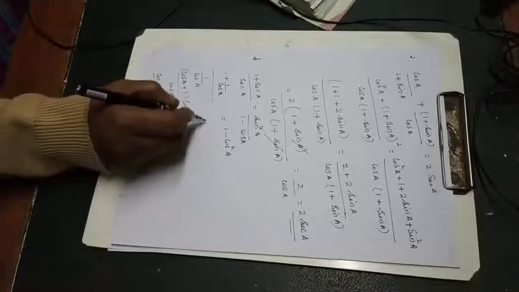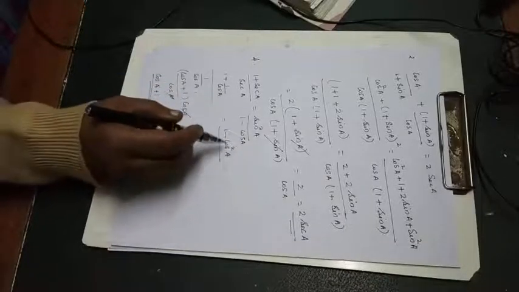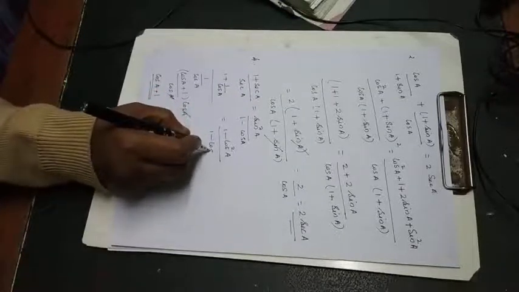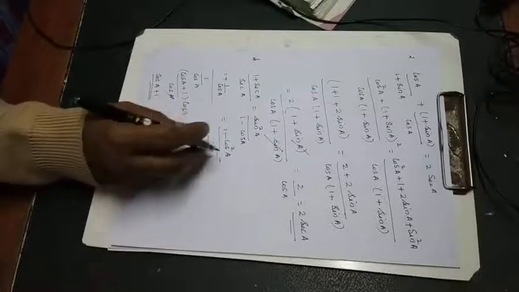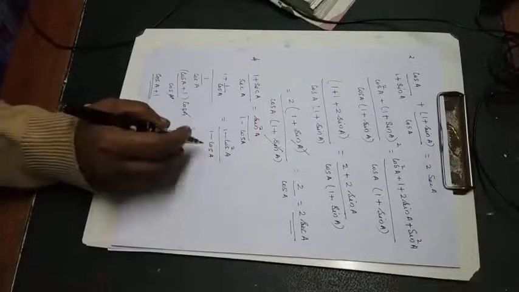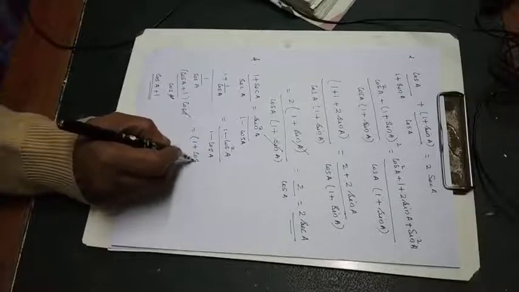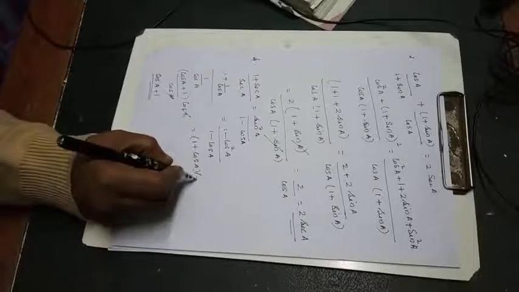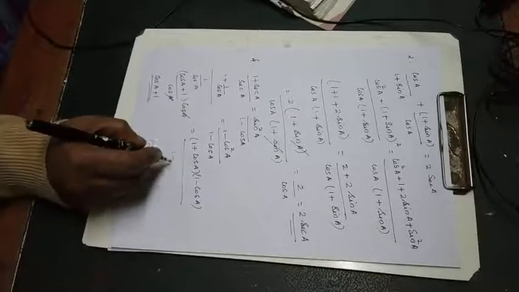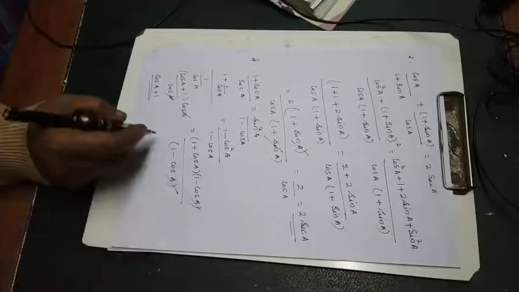Now when we proceed this one, sin square A is equal to 1 minus cos square A, and then 1 minus cos A. Here you have to use A square minus B square form, so it will be A plus B into A minus B. So 1 plus cos A, 1 minus cos A, here 1 minus cos A, so 1 minus cos A will get cancelled.